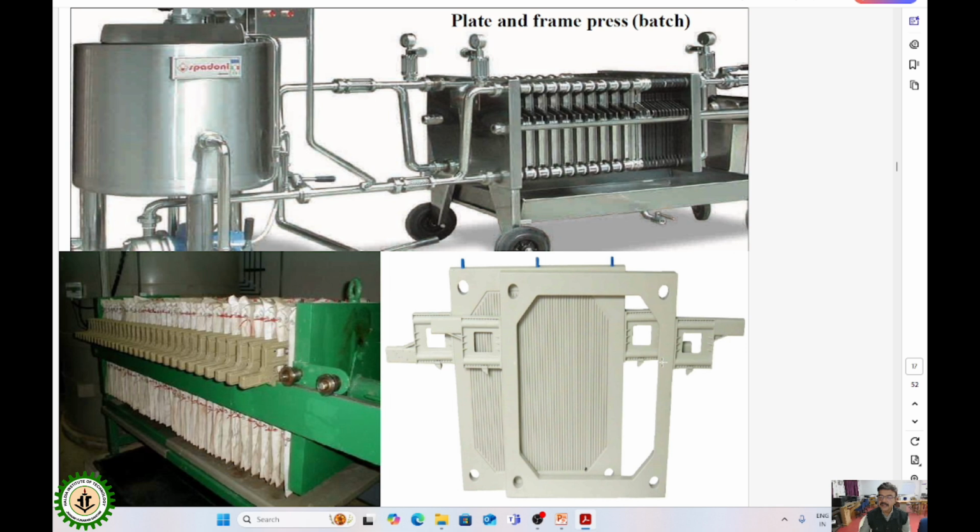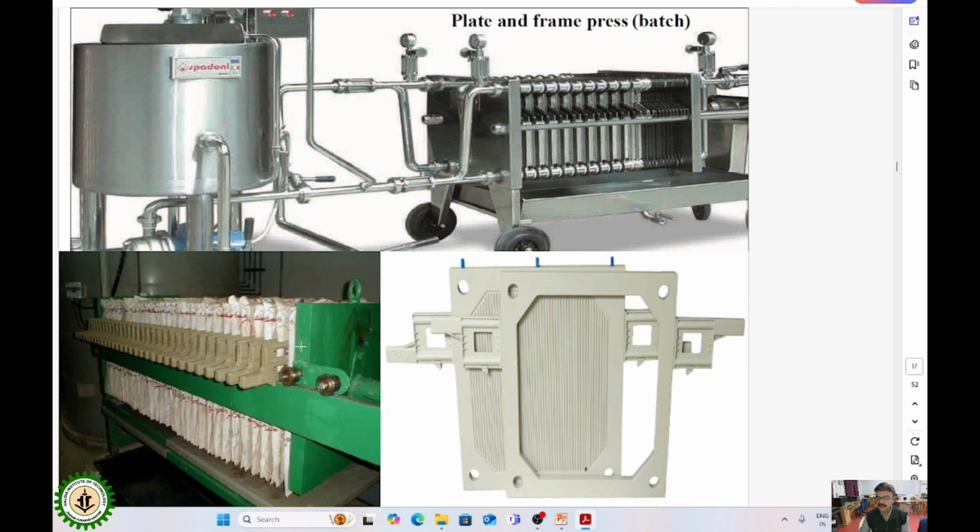The frame is covered with the filtering media, so when slurry enters the frame, it is under high pressure. Under high pressure, the liquid penetrates the filtering media and comes out from another channel, and the solid is deposited on the surface of the filtering media.